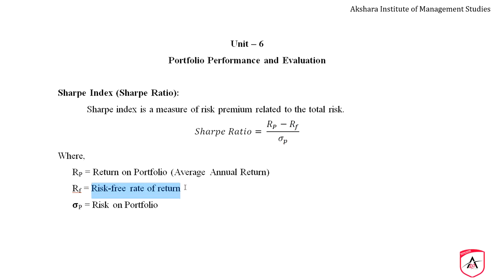Whatever you are investing, the rate of interest you are going to get without taking any kind of risk is called the risk-free investment. And standard deviation P, standard deviation means it is risk, right? Here P stands for portfolio, which means the risk on the portfolio or the amount which we have invested. So this is what we are going to study here.